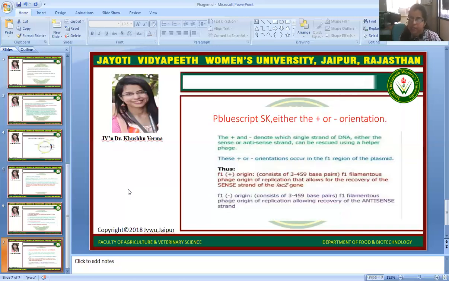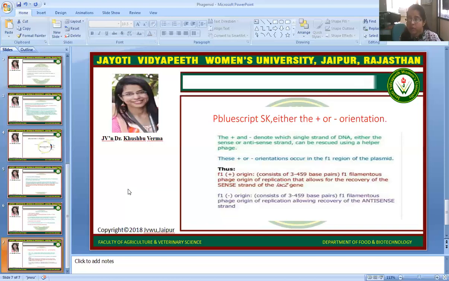pBluescript SK has either positive or negative orientation. The plus and minus denote which single strand of DNA, either the sense or antisense strand, can be rescued using a helper phage. These plus or minus orientations occur in the f1 region of the plasmid.